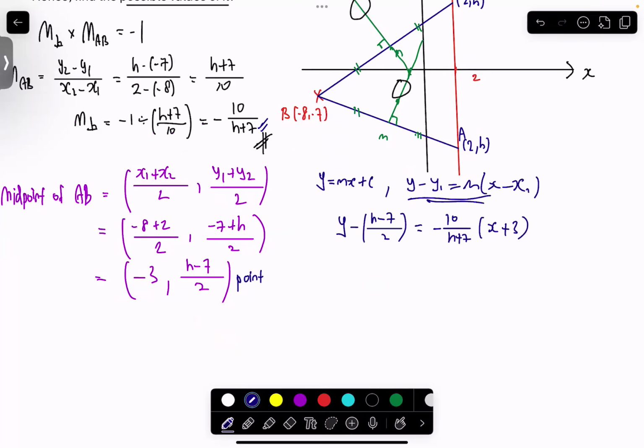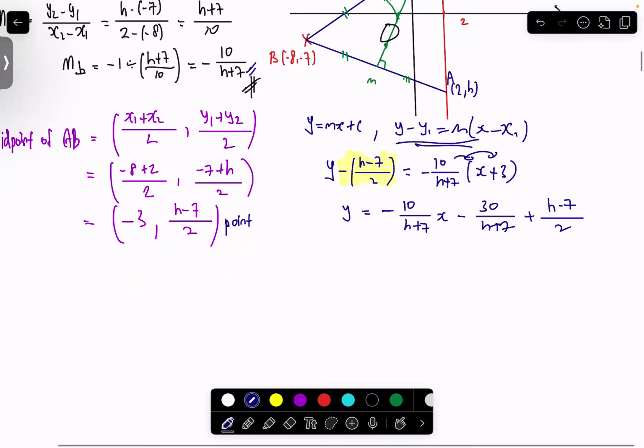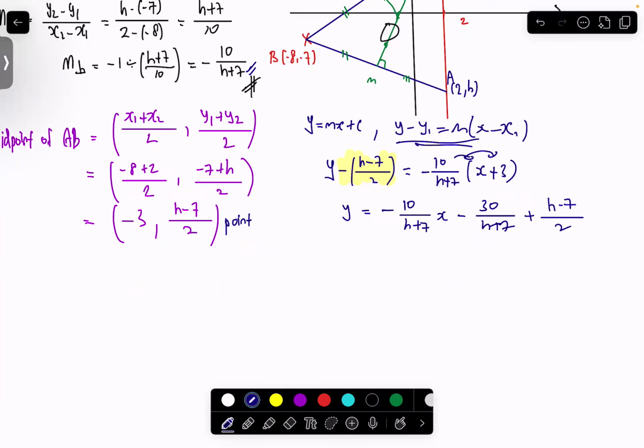To get the full equation of the line, I will say that y equals, distributing in this, -10/(h + 7) x - 30/(h + 7), because we just multiply by 3, and then when we bring this part over, because this is negative, it becomes positive, plus (h - 7)/2. Now the equation looks very complicated, but let's hold on to it.